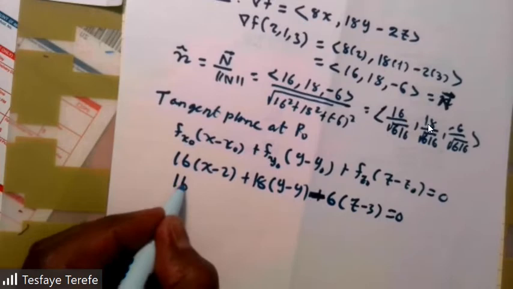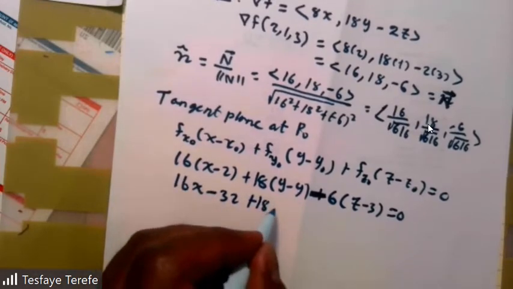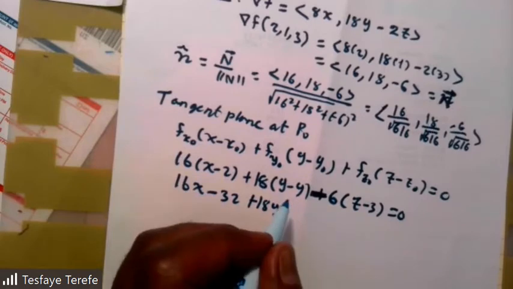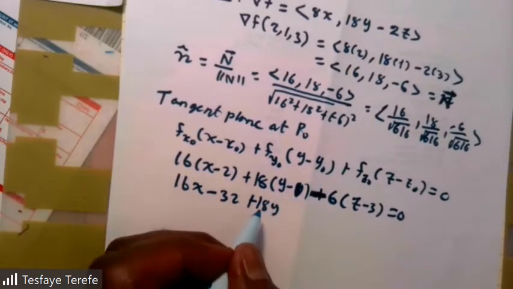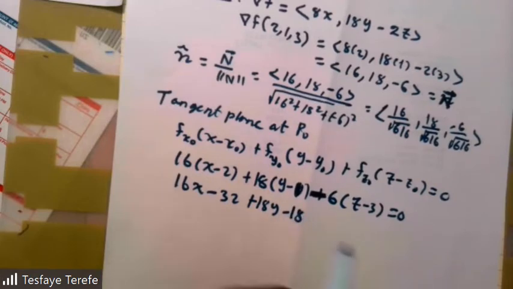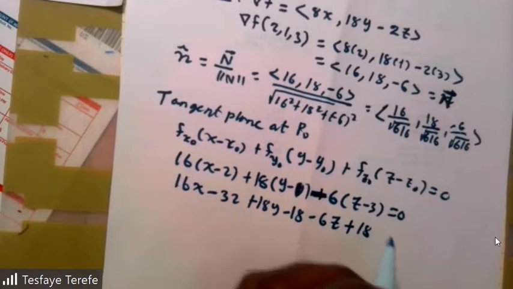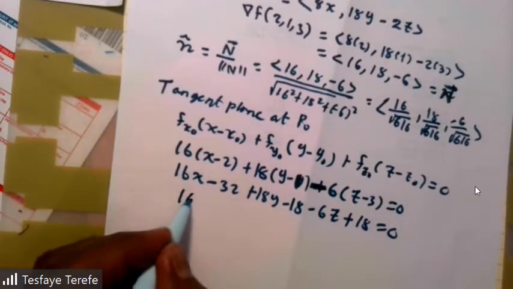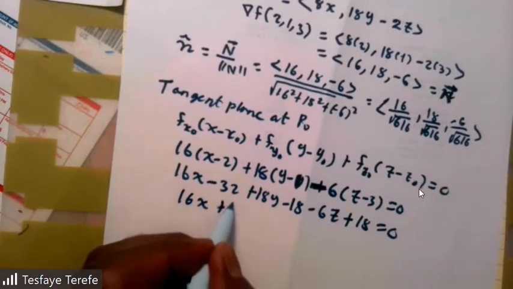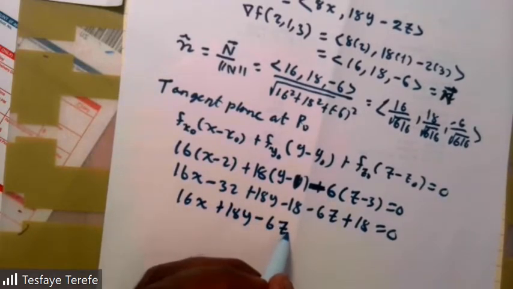So this is 16x minus 32 plus 18y minus 18, since y sub 0 is 1. Let us put the variables together: 16x plus 18y minus 6z.